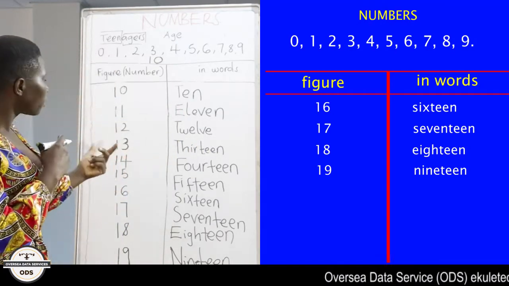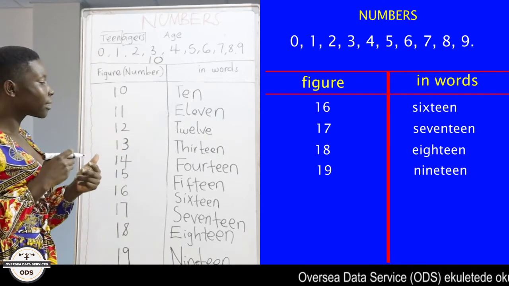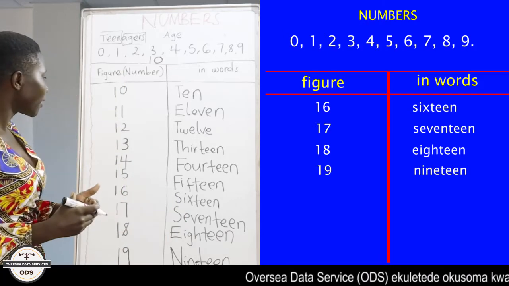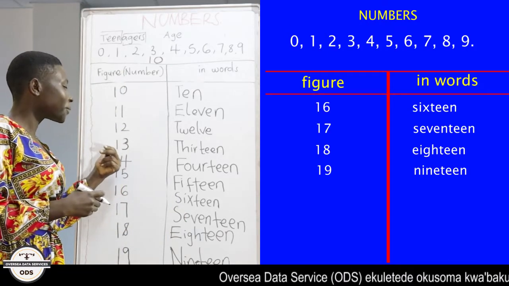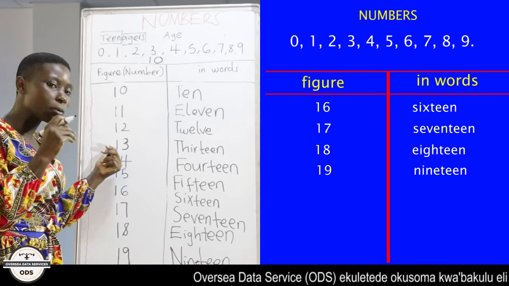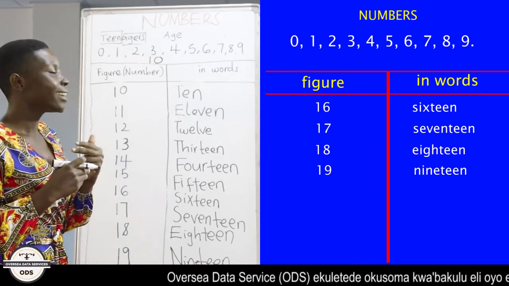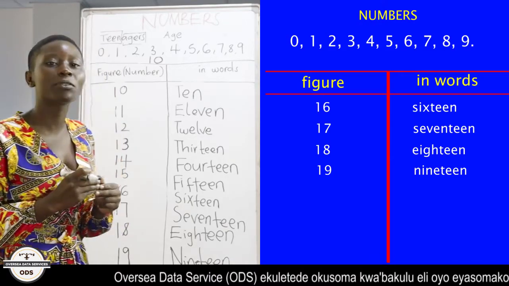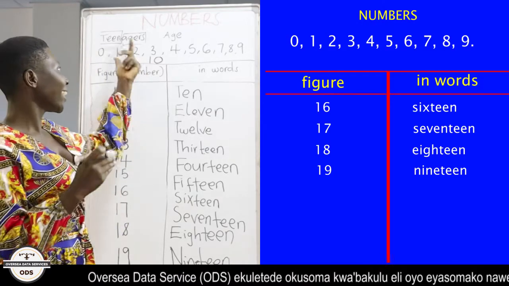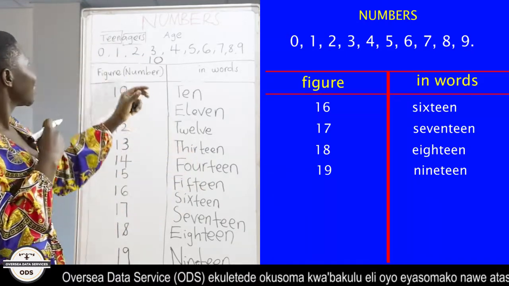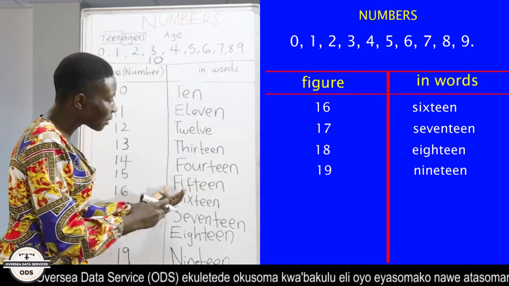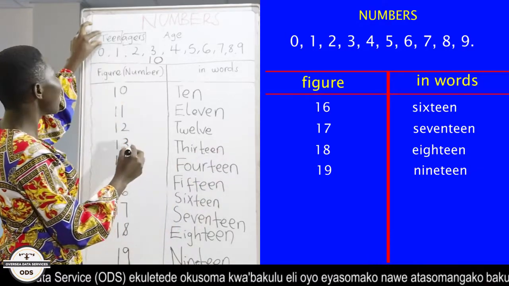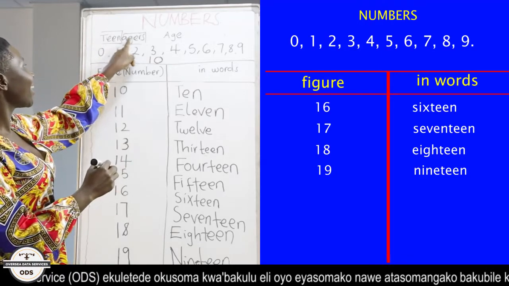Emyaka means years. When maybe you ask someone how old is she, how old is he, and that person tells you I'm 13 years, I'm 19 years, just know that that person falls under teenagers. That's where they got the word from. We have here teen and here age, then this is the age.